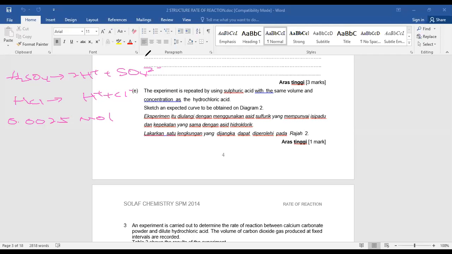The ratio is 1:2. Therefore, when you have that much number of mole of sulfuric acid, the hydrogen ion will be doubled, which is 0.005 mole. Okay? And which one will have a higher rate of reaction?